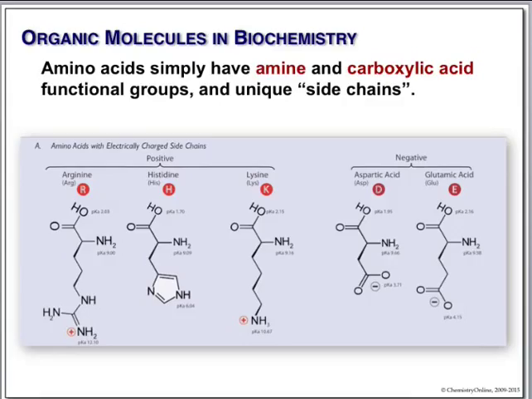This is an assortment of amino acids. These are all positive. Again, you can note our carbon structure here. This is a carboxylic acid, an amine. These are all nitrogens. Here's a cyclic amine. All of these are different amino acids.